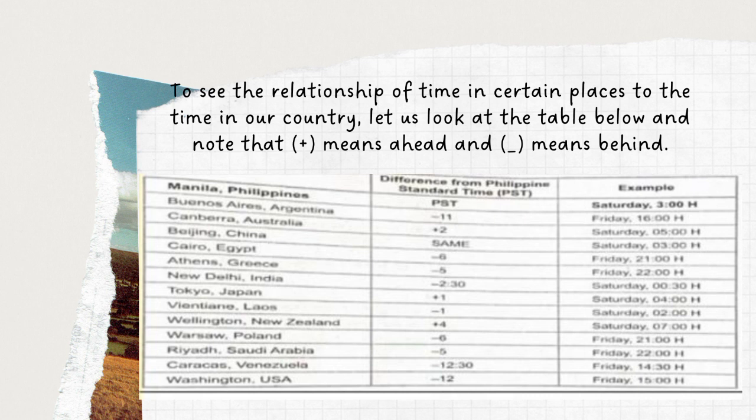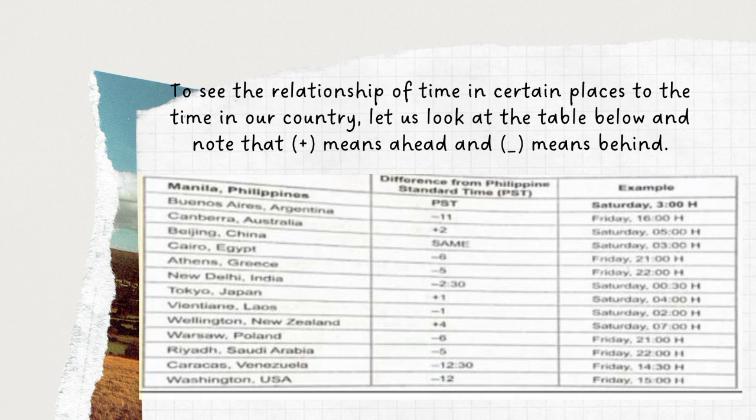Tokyo, Japan is ahead of us by 1 hour. In the remaining countries, Vientiane, Laos is behind by 1 hour. Then, Wellington, New Zealand is ahead of us by 4 hours. Then, Warsaw, Poland is behind by 5 hours.